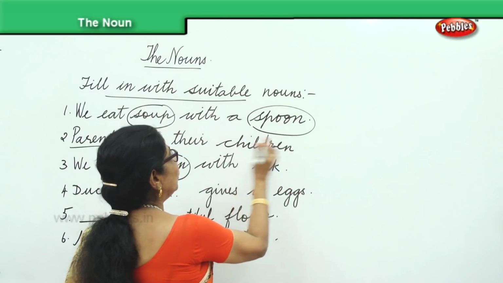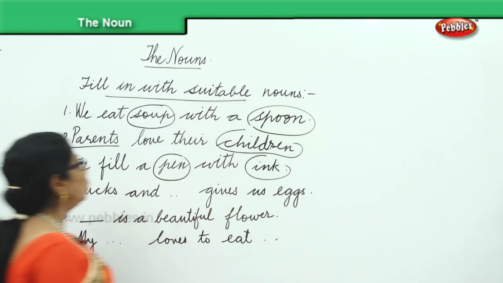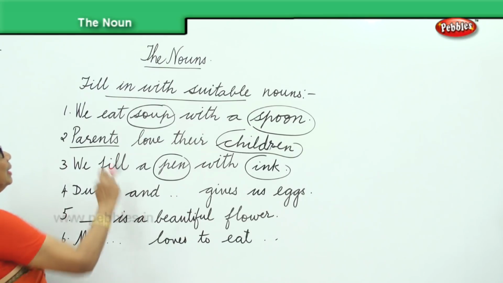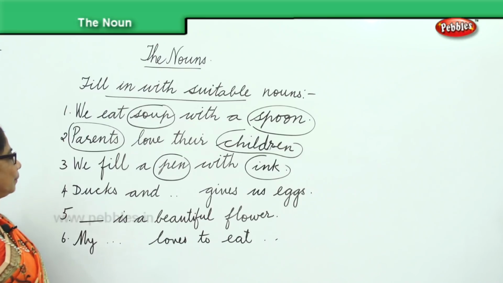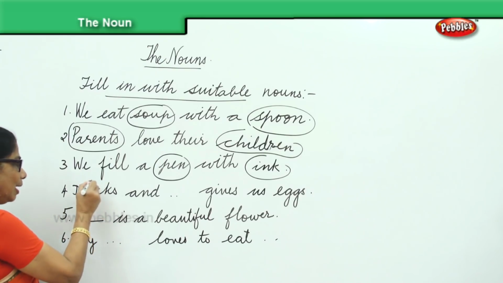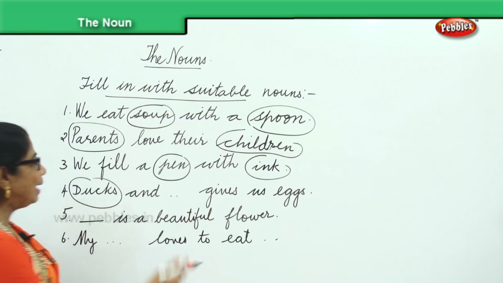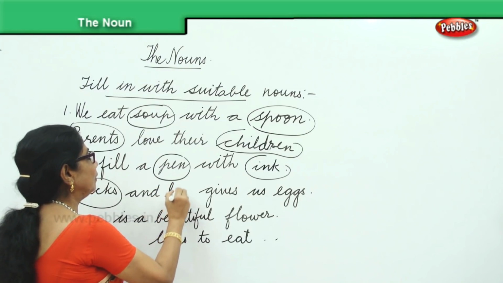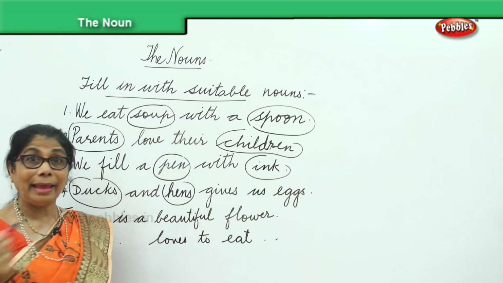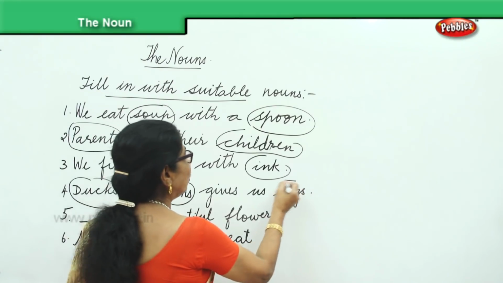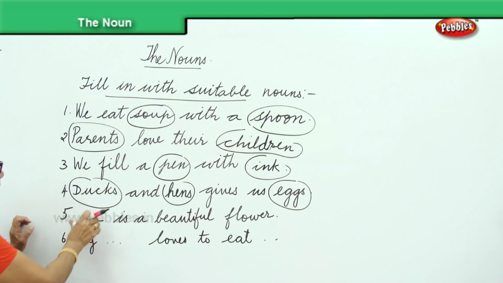Okay, so we have children, ink, spoon, pen, parents, soup. Oh, we have a lot of nouns now. Let's complete it. Ducks are nouns. And dash, who gives eggs? Hen. So we have ducks and hens. Hens also nouns. Again, eggs nouns. So we have a whole lot of nouns in these sentences.